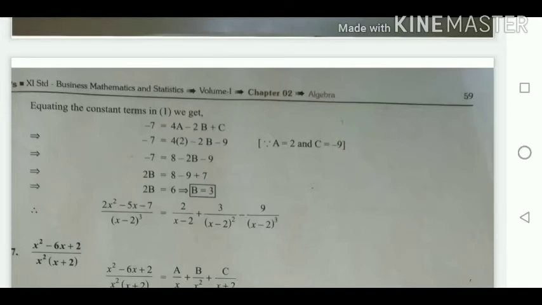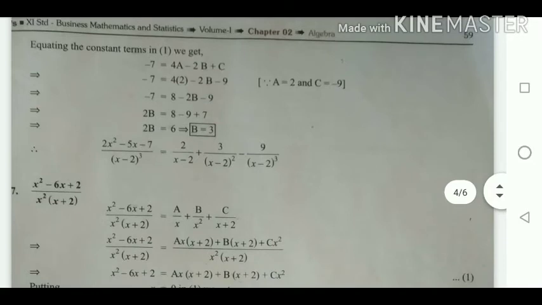So now substitute the value of a as well as c in order to find the value of b. It is b equal to 3. Now the answer becomes (2x square minus 5x minus 7) divided by (x minus 2) whole cube equal to 2 by (x minus 2) plus 3 by (x minus 2) whole square plus minus 9 by (x minus 2) whole cube.